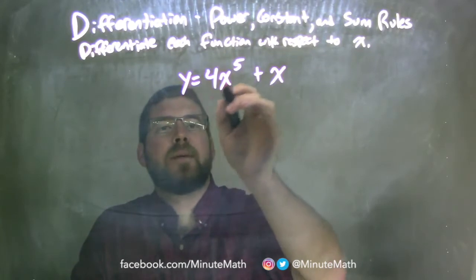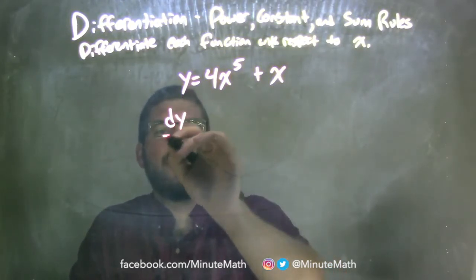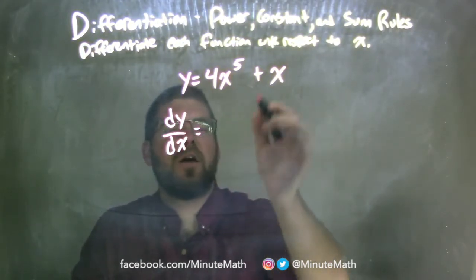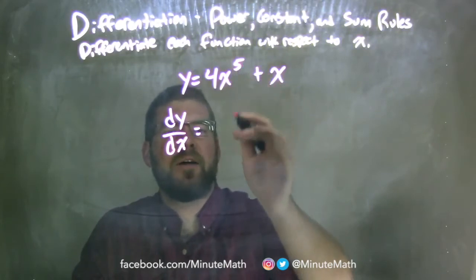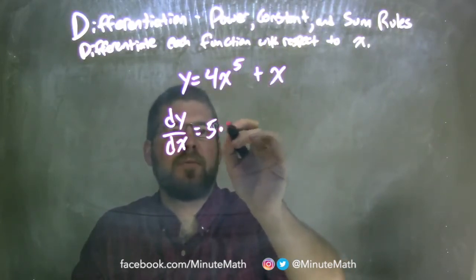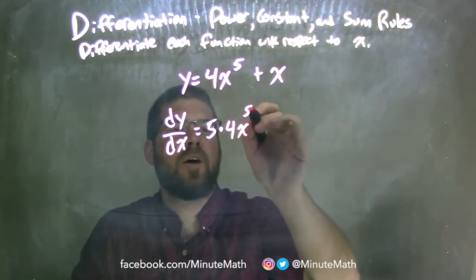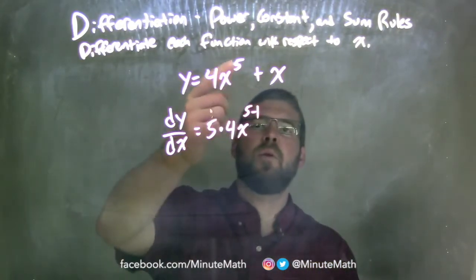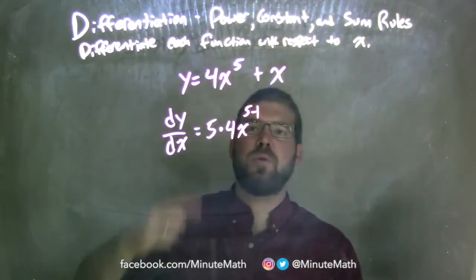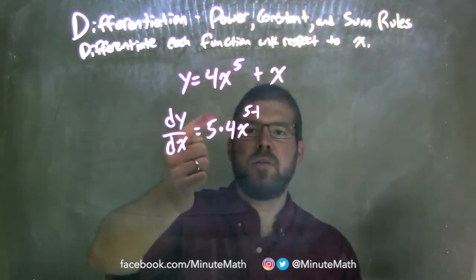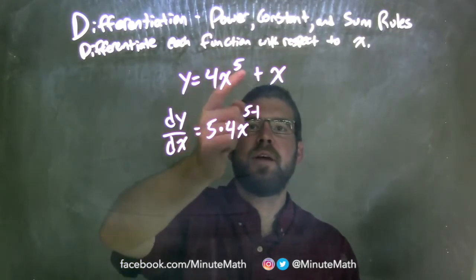But so when I take my derivative here, my dy over dx, the power rule states that this 5 comes out, and I'll put it out front this time. So 5 times, out front for multiplication, 4x to the power of 5 minus 1. We take whatever that exponent was and we subtract 1 from it. So we bring it down out front, and then, for multiplication, we subtract 1 from the exponent.